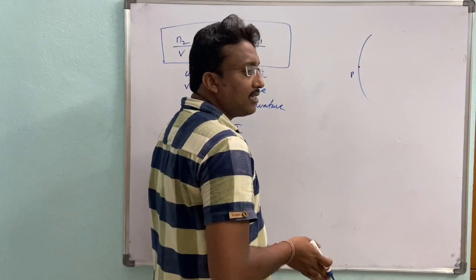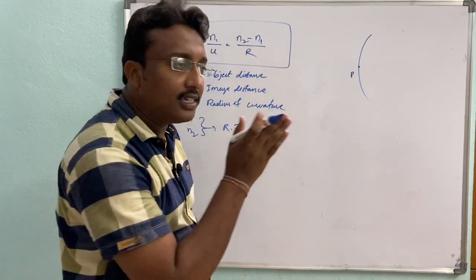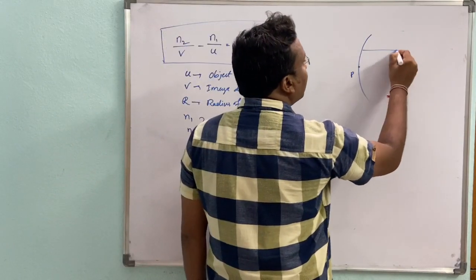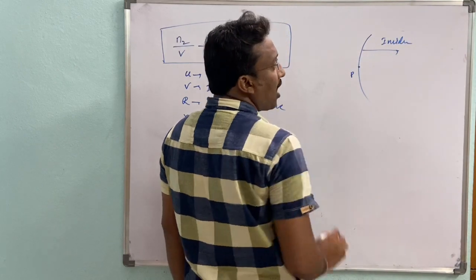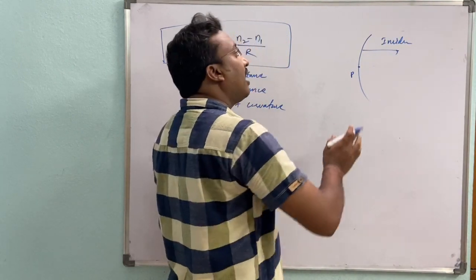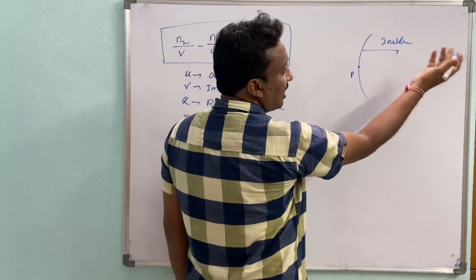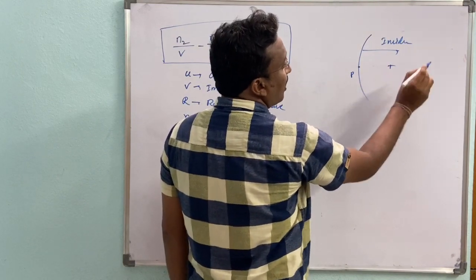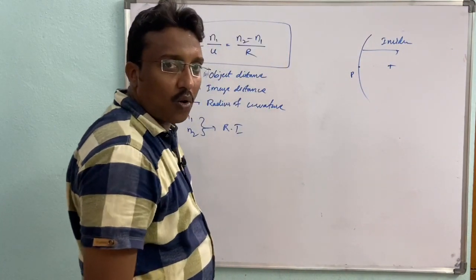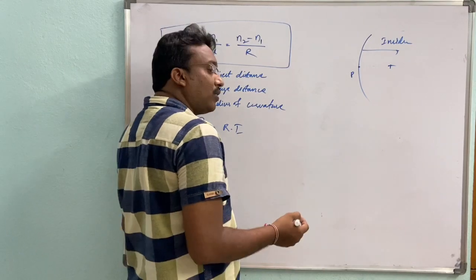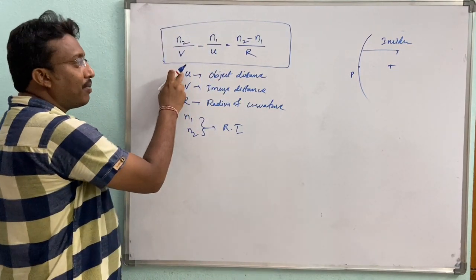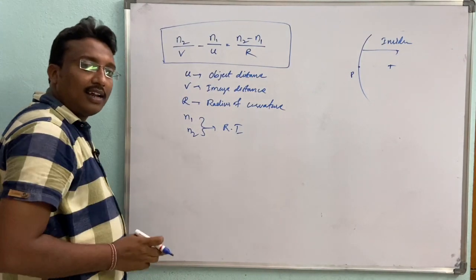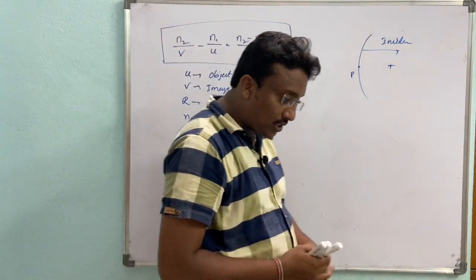If we measure in the direction of the incident ray, we have to take positive, and in the opposite direction we have to take negative.